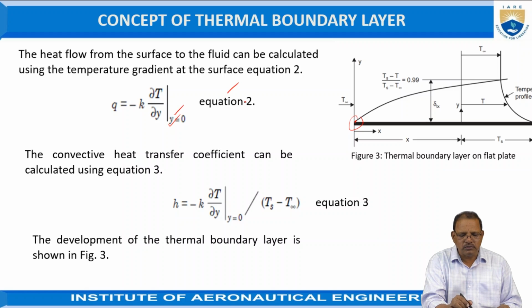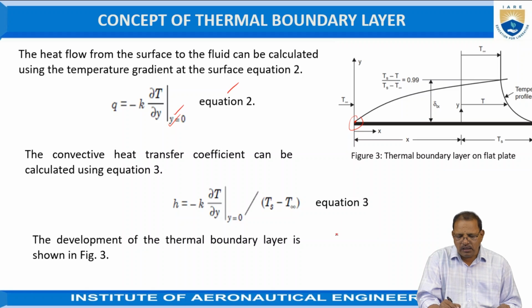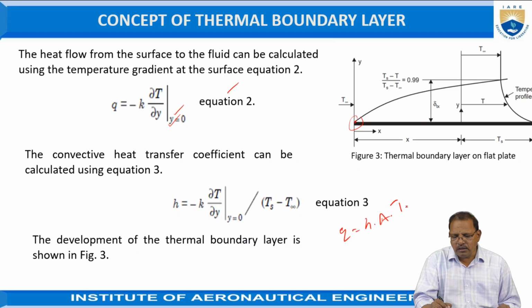So by using this equation 2, we can determine the magnitude of the heat energy that flows from the plate to the liquid layer. After that, the heat energy is transferred from one layer to another layer by the convection process, which is given by Q is equal to h into A into Ts minus T alpha.